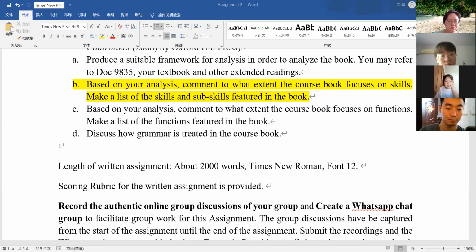Okay, that's some sub-skills of speaking.